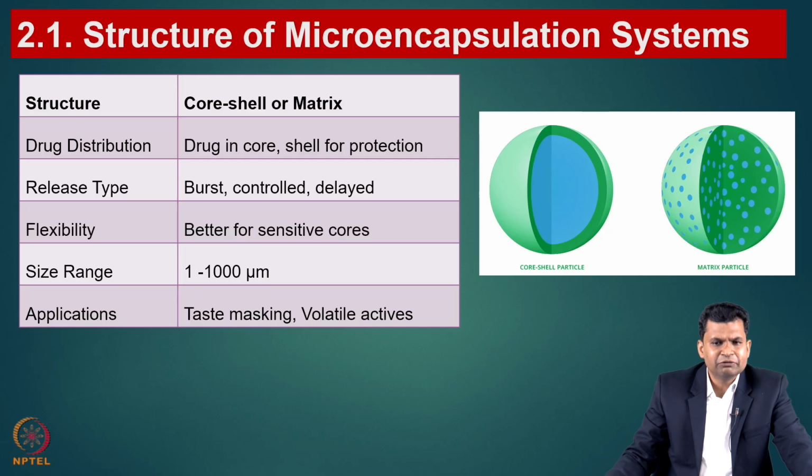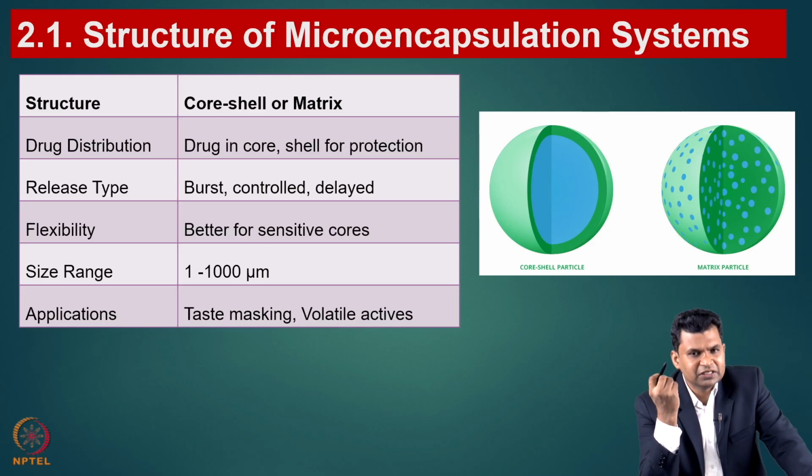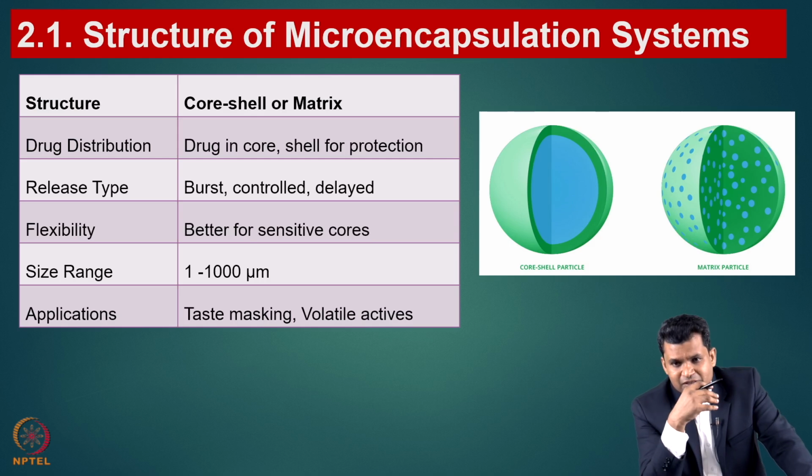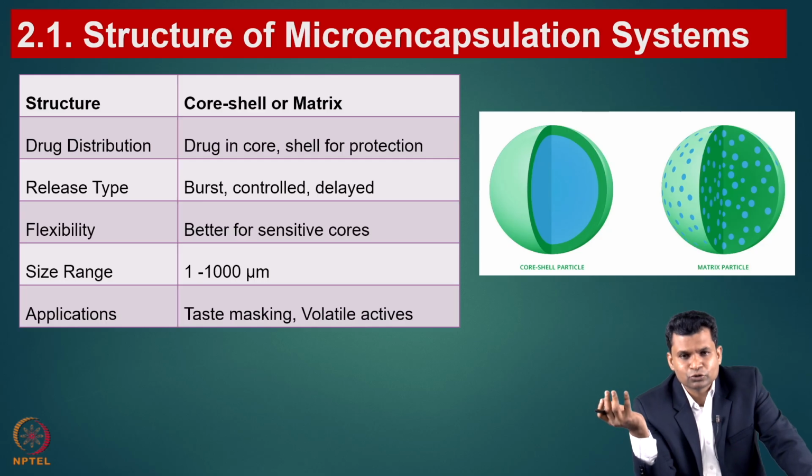Here, as we discussed in our previous novel drug delivery systems classes and also in the introductory classes of novel drug delivery systems, we have discussed microcapsules and also microspheres.